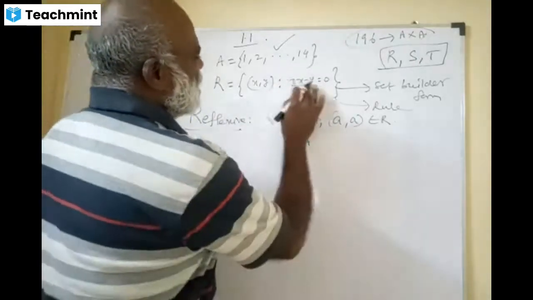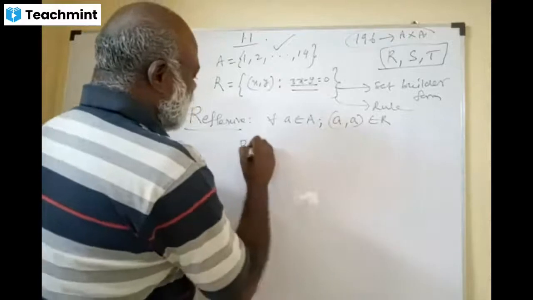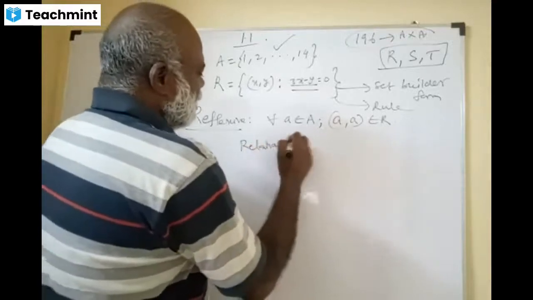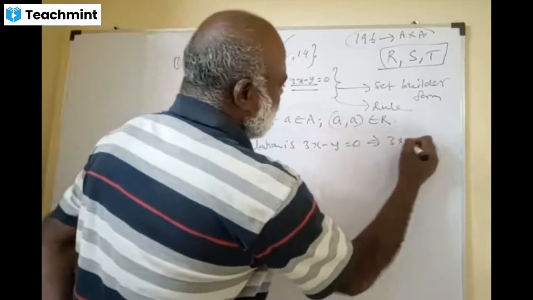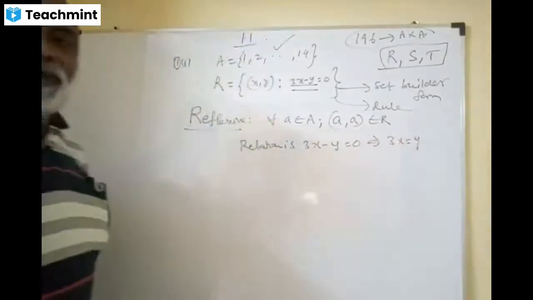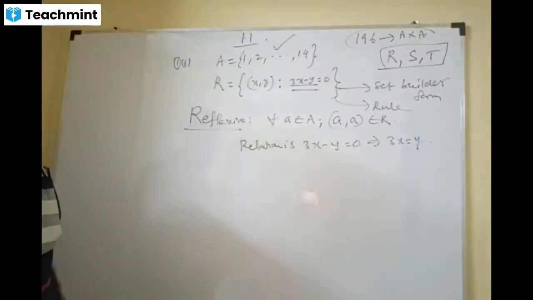When the relation is like this, 3x minus y equal to 0, which implies 3x equals y. Do you agree? 3x equals y.